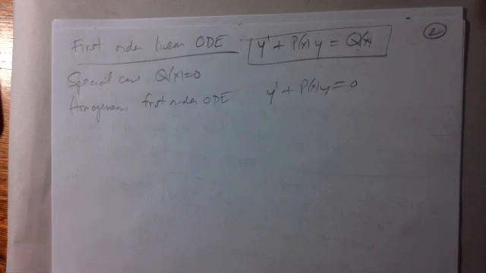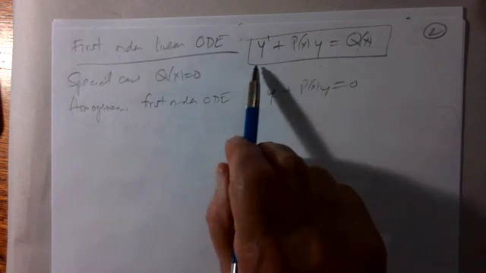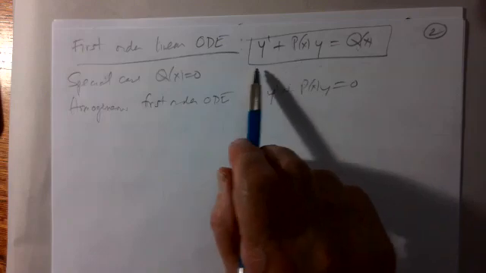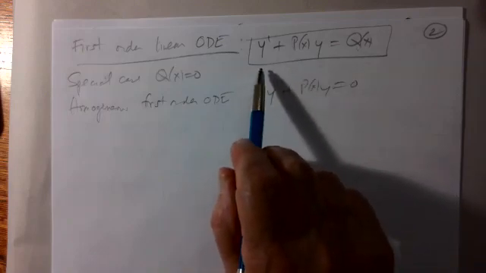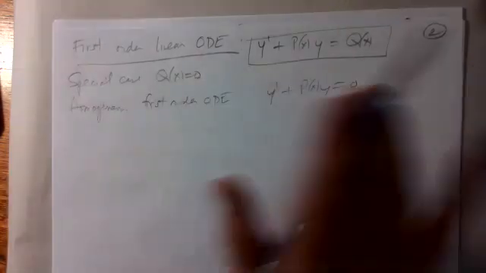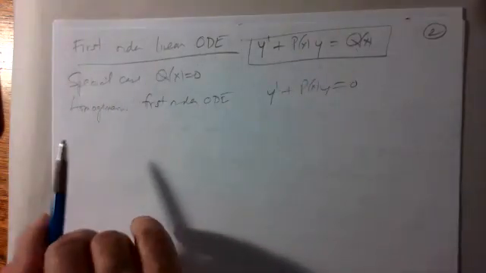Now, I also have to specify, when we ask for a solution of this differential equation, we might want a solution which is valid for all x, or we might want a solution which is valid only for some interval I. I could be the whole line, or it could just be a finite interval.